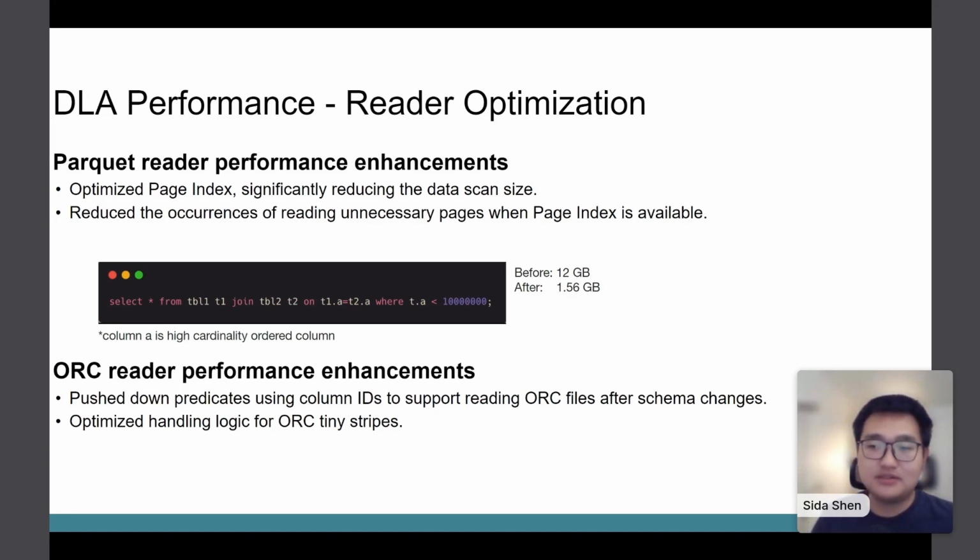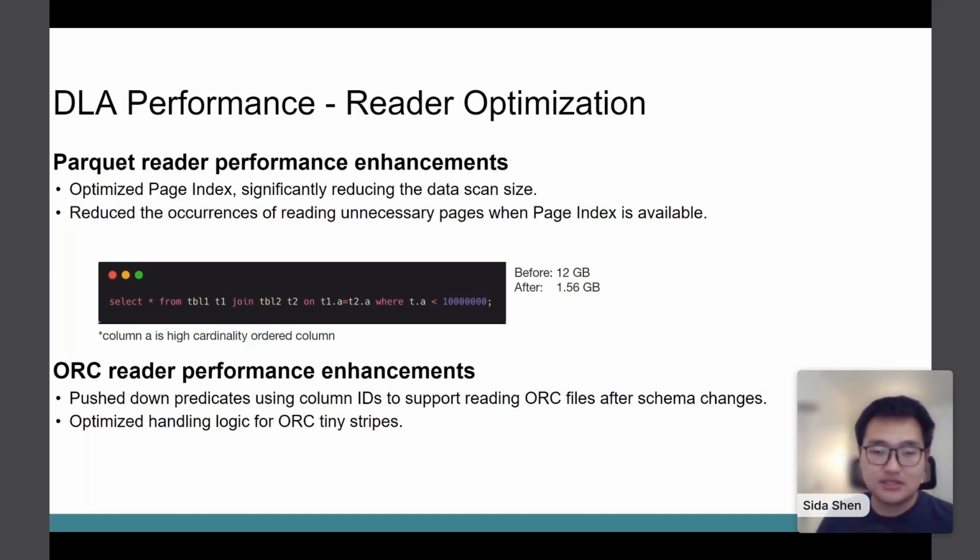According to a test on a query with a predicate on a high cardinality column, we read 80-90% less data, so we can do pushdown a lot better. We also did a lot of enhancements for ORC readers.